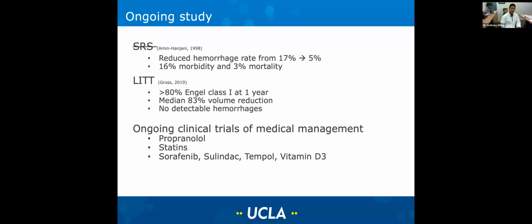There's a few other medications, Sulindac, Sorafenib, vitamin D, that have also shown some laboratory efficacy, and if testing continues to look good in animal models, that may reach clinical trials in the future. So we'll keep an eye on those.